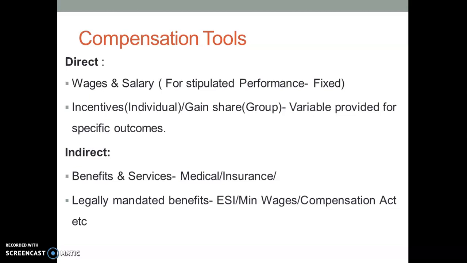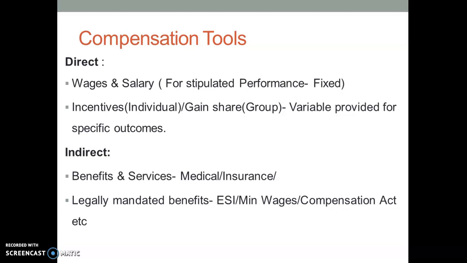Just to define here, wages are the daily calculation of compensation in terms of money against the contribution, and salaries are the monthly calculated amount provided to an individual for continuous work for a duration of a month.